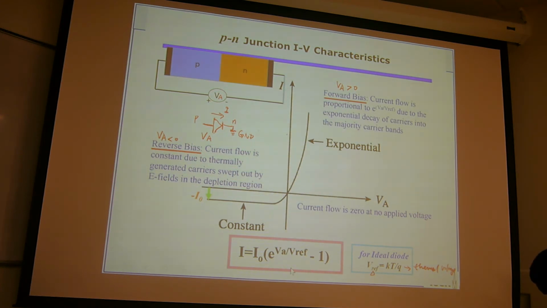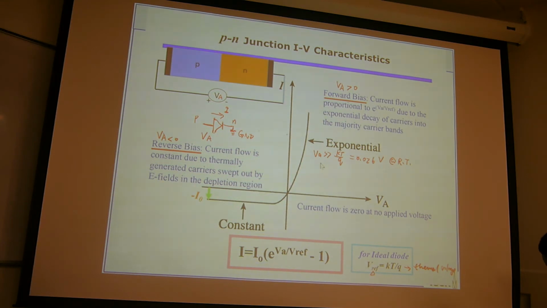And you will see that when VA is very large, much larger than kT over q, and you know kT over q is about 26 millivolts at room temperature, we have seen this before.